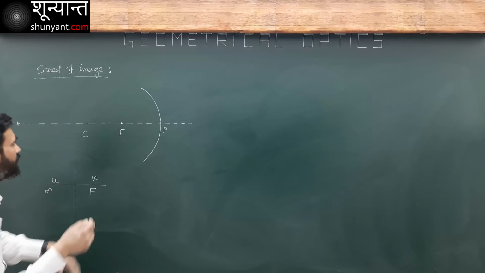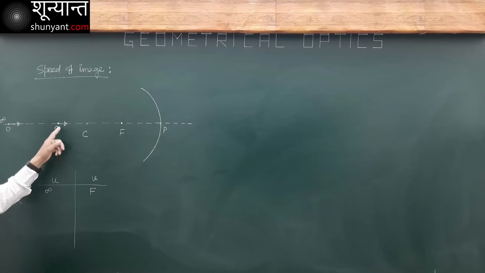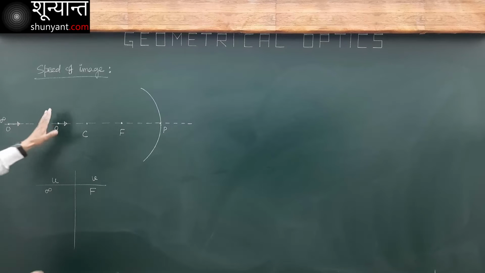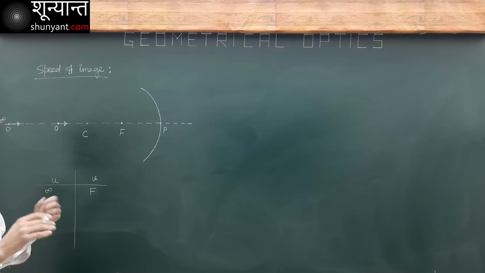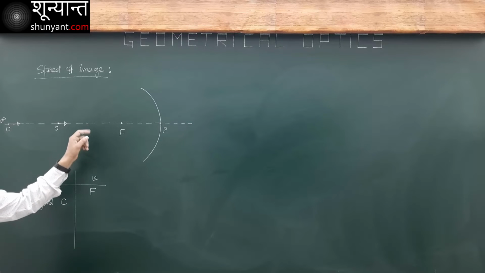After some time, let's say that it starts approaching the center. It is here. Approaching the center. Now it is at a finite distance. We say it is beyond C, beyond center. Now where will be the image?